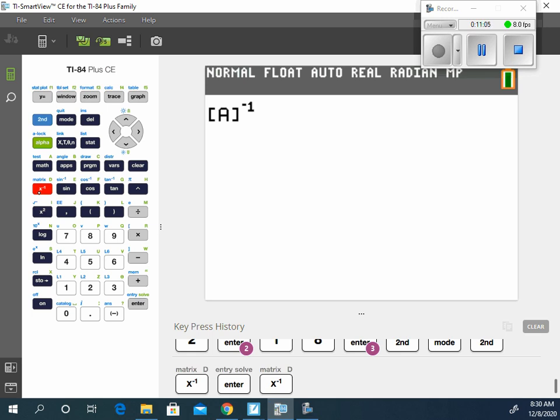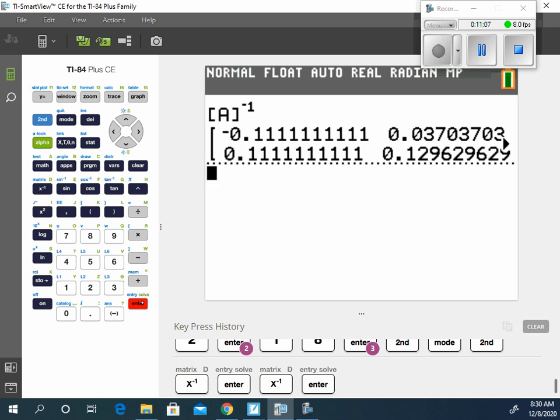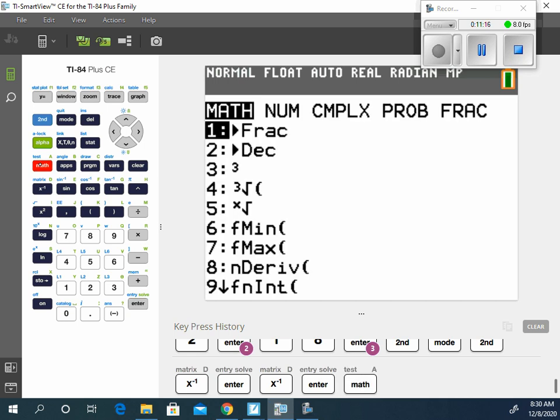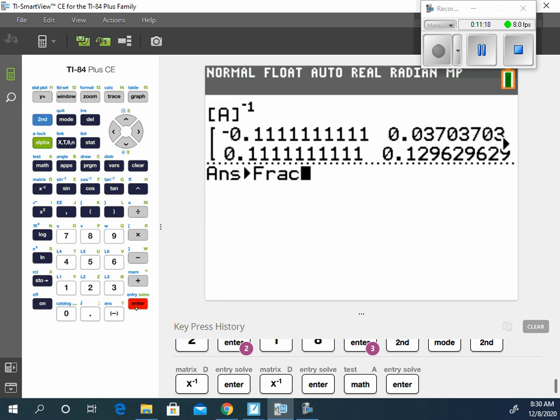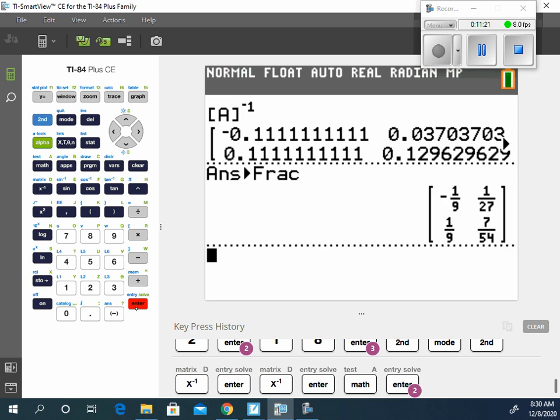And if I hit enter on this here, it tells me this is its inverse. If I want to, I can go math, enter, enter, and it'll tell me this is the inverse as fractions. Yes? Is that what I really wanted to know? Did I really want to know what the inverse was? No, I wanted to know what the inverse, A inverse times matrix B. Yes?